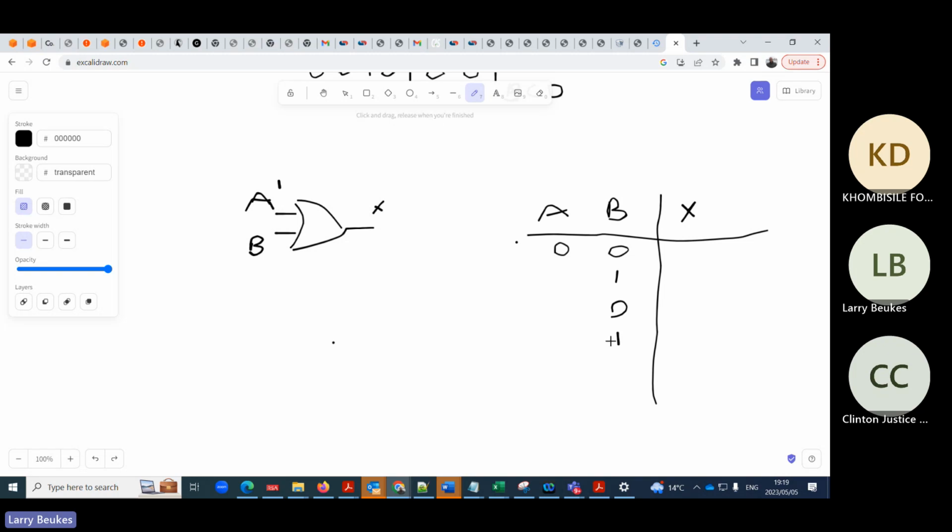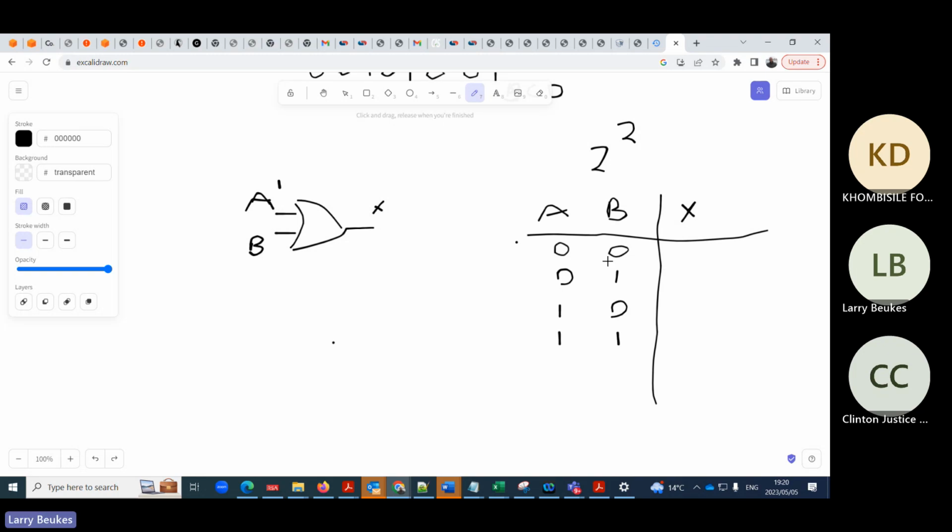Two inputs have four combinations, right? Four possibilities, 2 to the power 2. So this will be 0, 0, 1, 1, 1, 1.